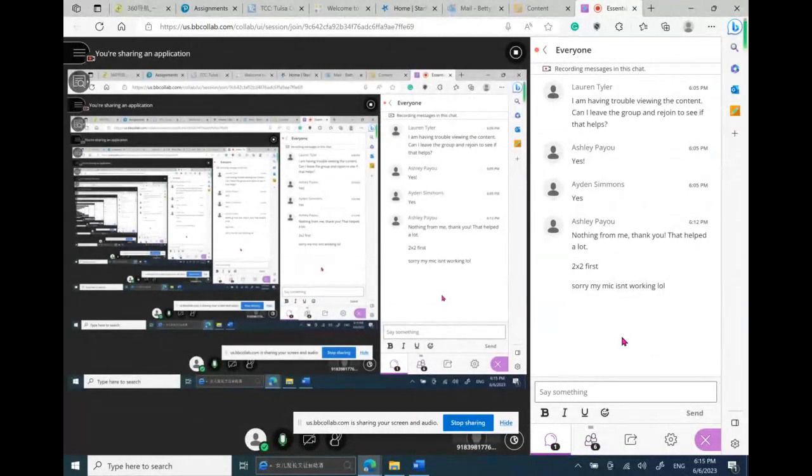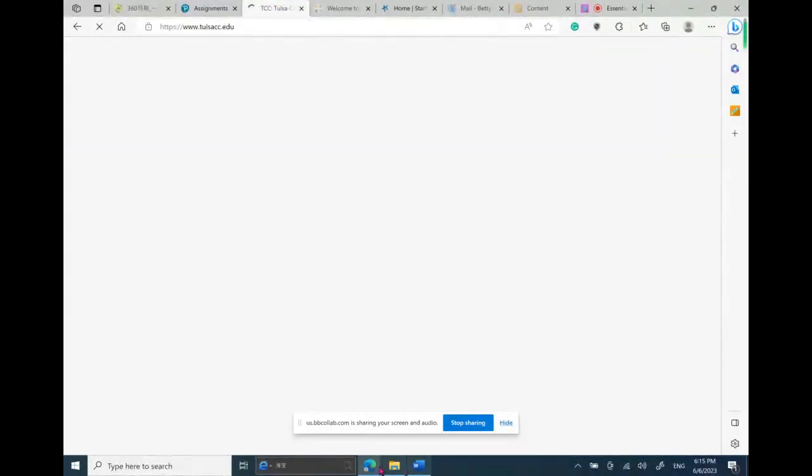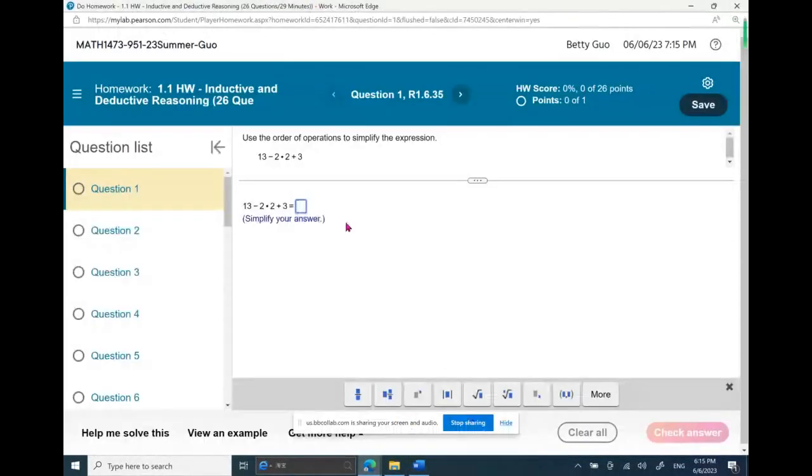Two times 2 first, awesome. Yeah, exactly. So we're going to process the multiplication first. So 2 times 3 is 4. And now we have 13 minus 4 plus 3, right? And then what do we do?